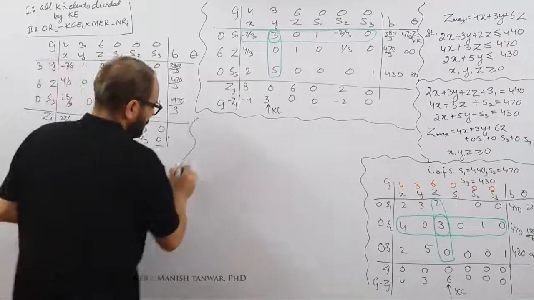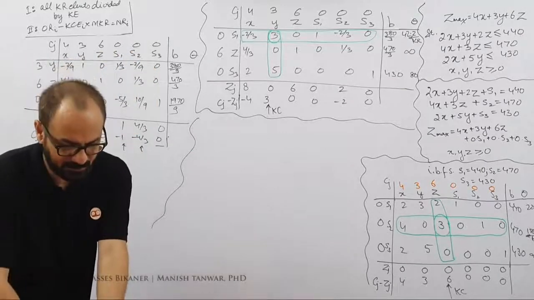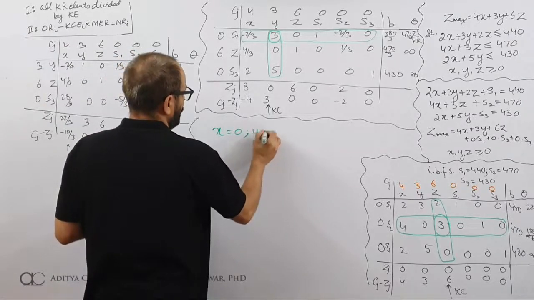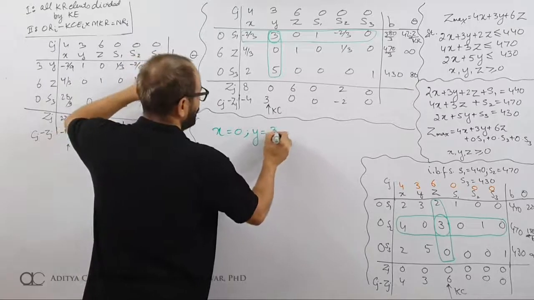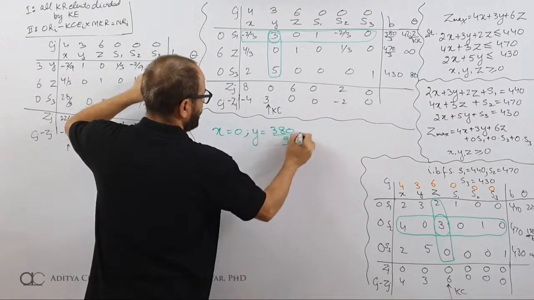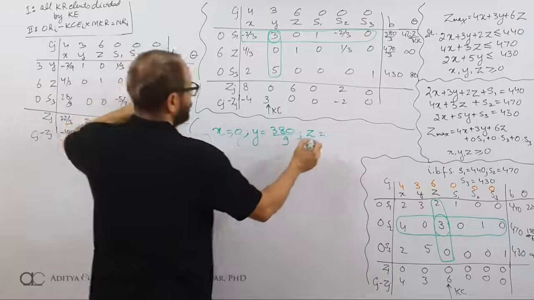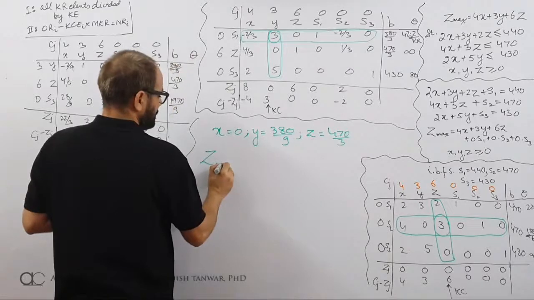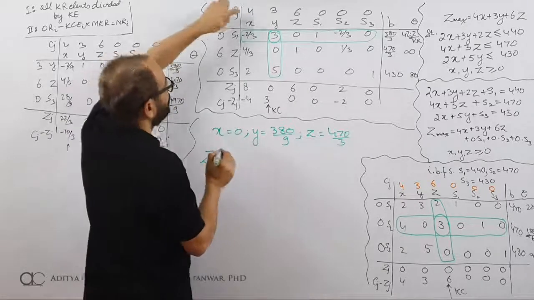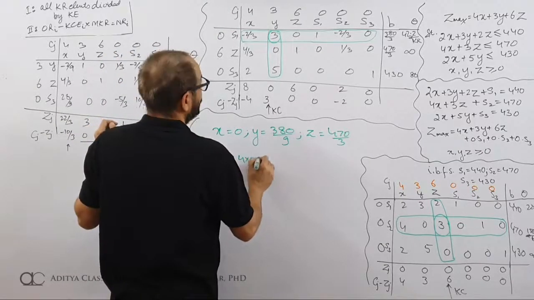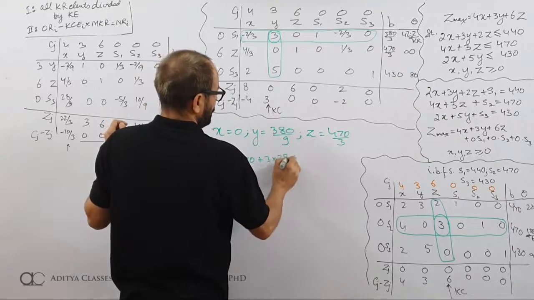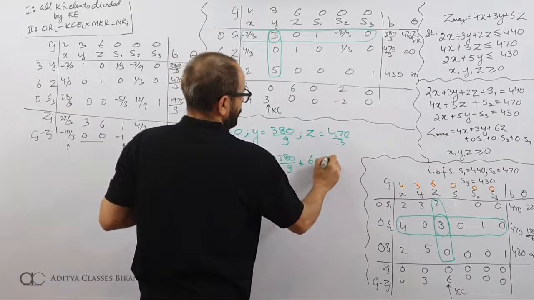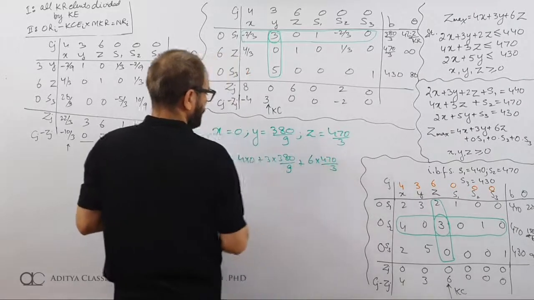So my final solution would be, I'll write it down in some other color. The final solution is x equal to 0, y equal to 380 by 9, z equal to 470 by 3, making z max equal to 4 into 0 plus 3 into 380 by 9 plus 6 times 470 by 3.